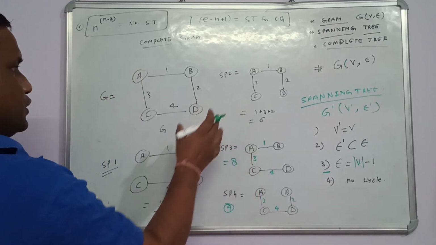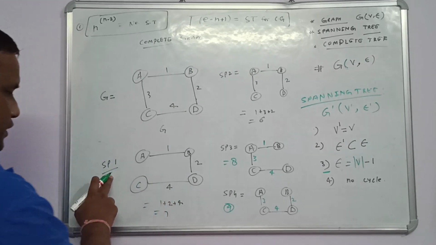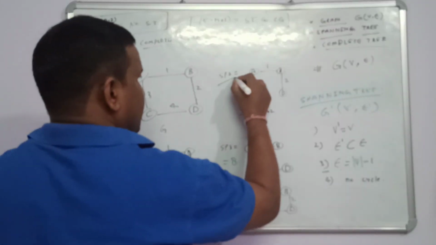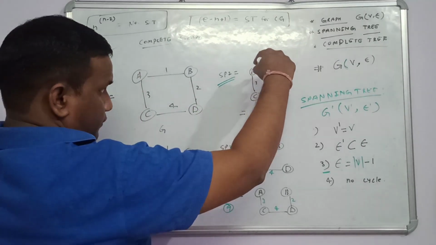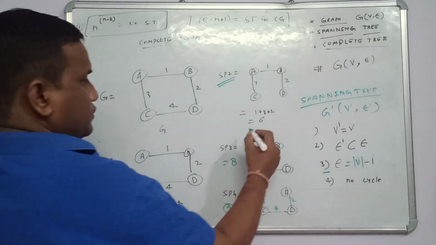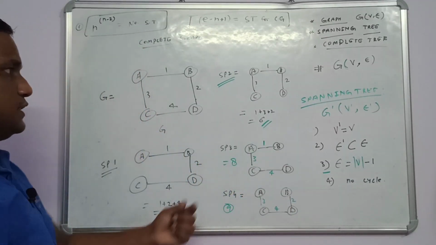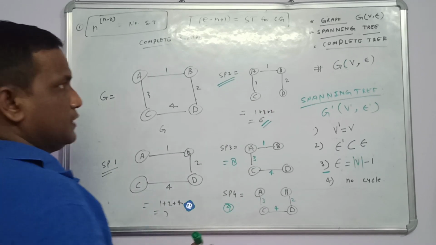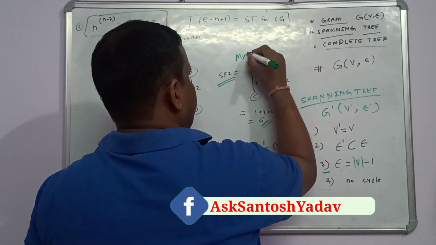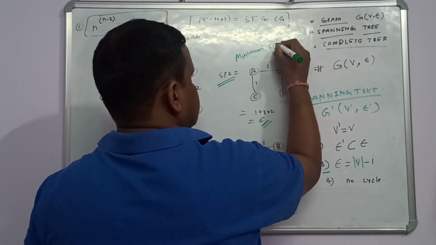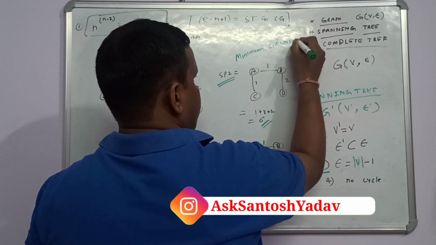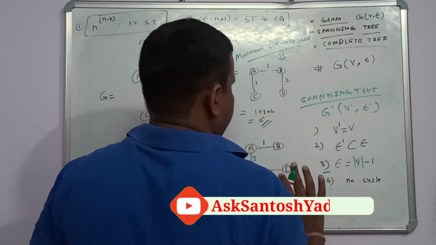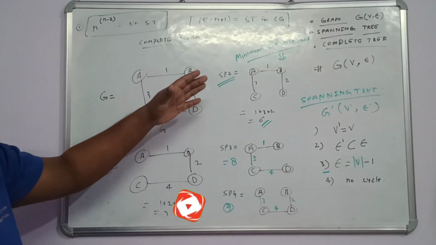So out of these 4 spanning trees, we have one spanning tree that has less weight. If we add all the edge weights, we find 6, which is the minimum. That's why this spanning tree will be the minimum spanning tree. Correct. So this is one example I have told you with the given graph.